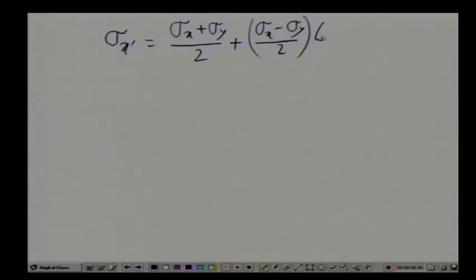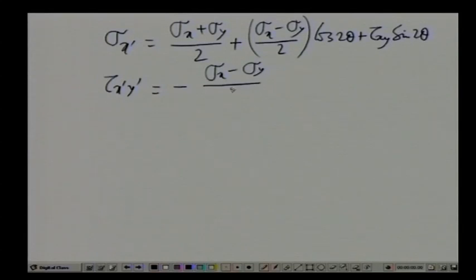Sigma x dashed is equal to (sigma x plus sigma y)/2 plus (sigma x minus sigma y)/2 cos 2 theta plus tau xy sin 2 theta, and tau x dashed y dashed is equal to minus (sigma x minus sigma y)/2 sin 2 theta plus tau xy cos 2 theta.